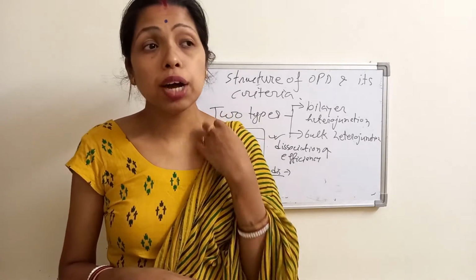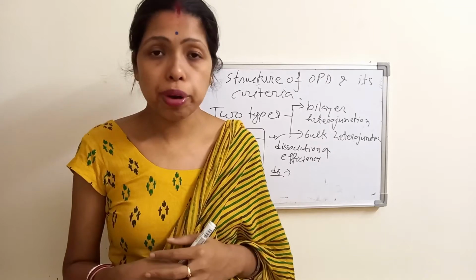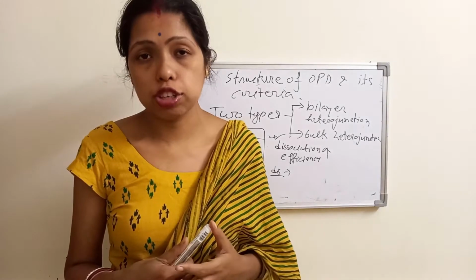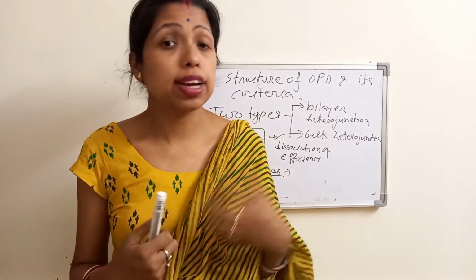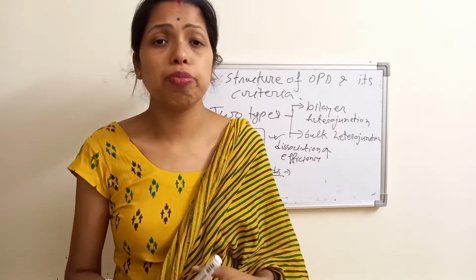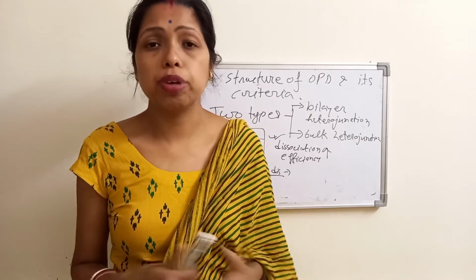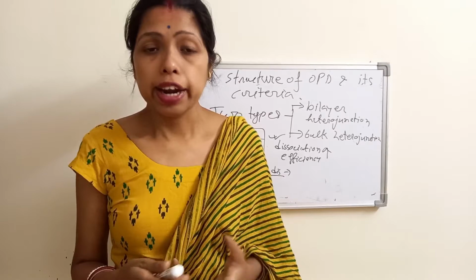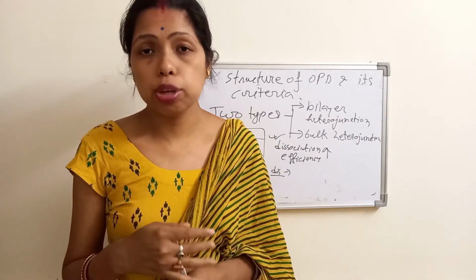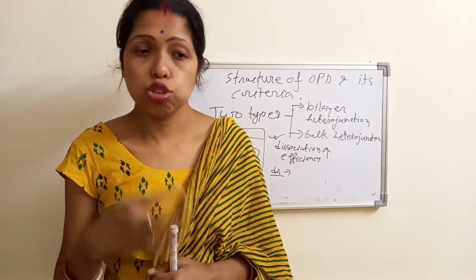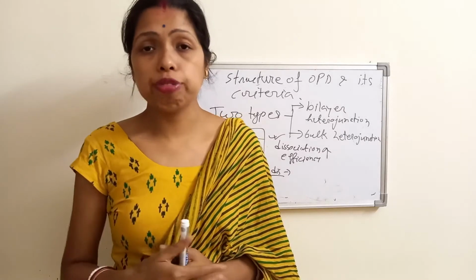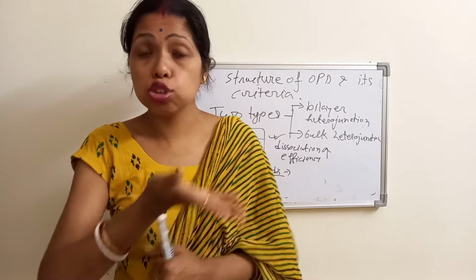If we use polymer material, that is suitable for the bulk heterojunction, because for polymer material you can easily intermix two different kinds of materials, p type and n-type, in the solvent, right? After that, it can easily be deposited.